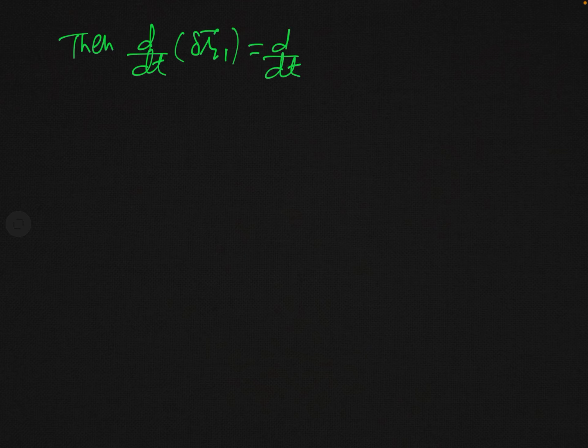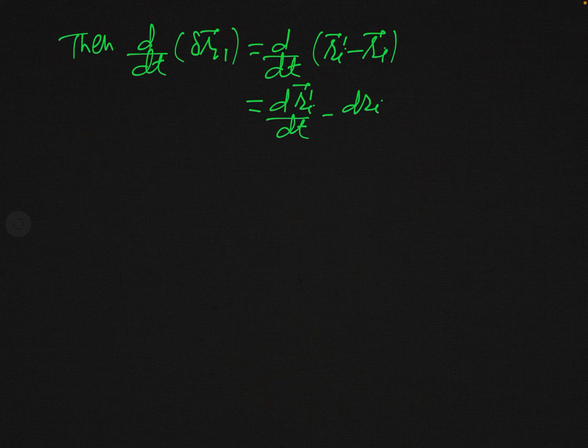Let us see here. d dt delta Ri, we have defined it as Ri prime minus Ri, and you can write it as d Ri prime dt minus dRi dt.